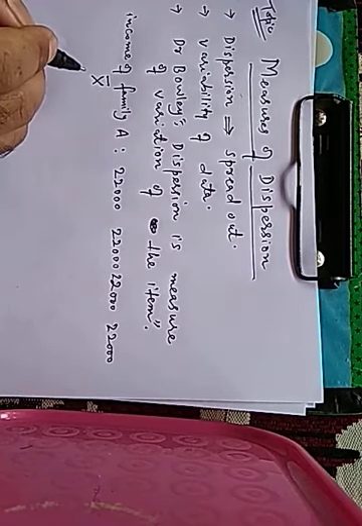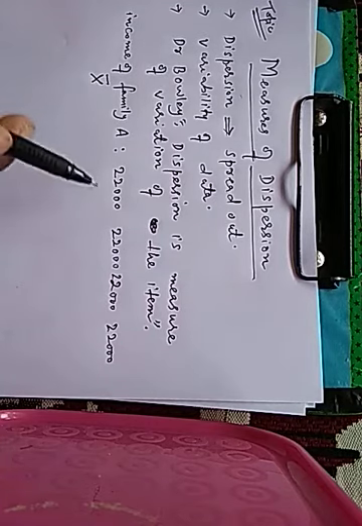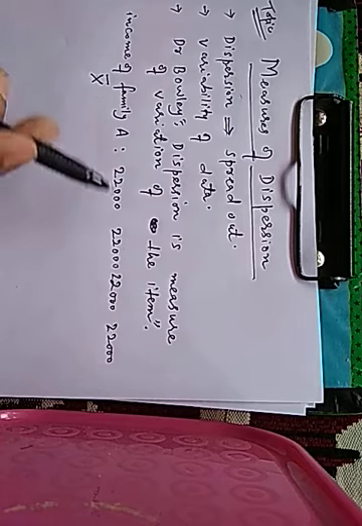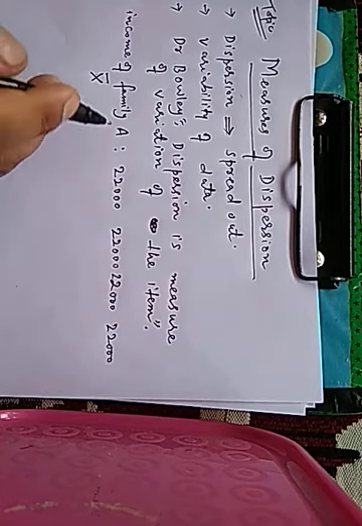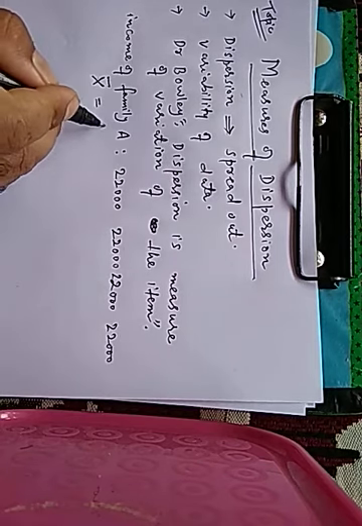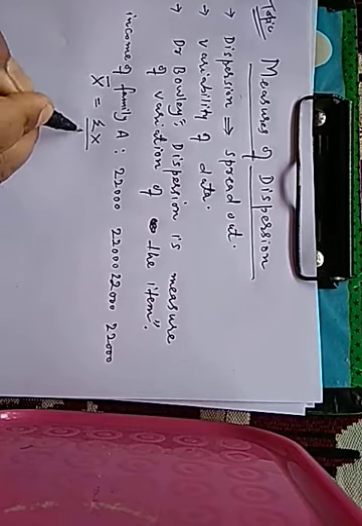We can also calculate the average income, the arithmetic mean of this data denoted by x bar. X bar denotes arithmetic mean, which is equal to sigma x divided by n.